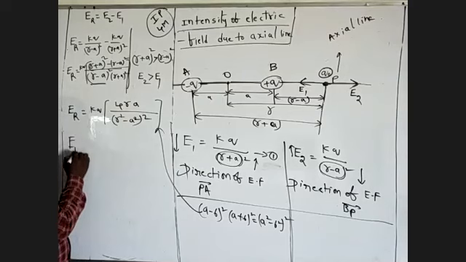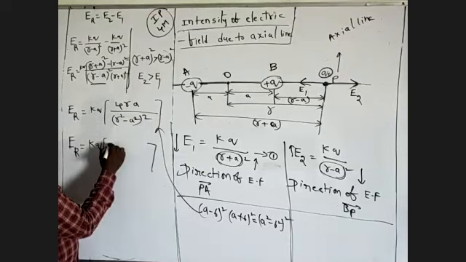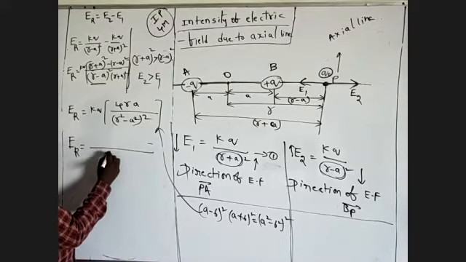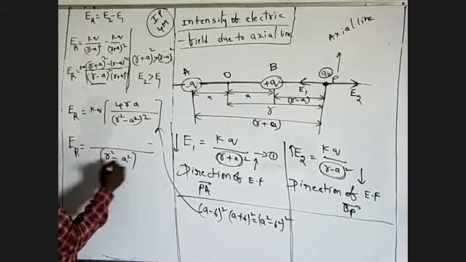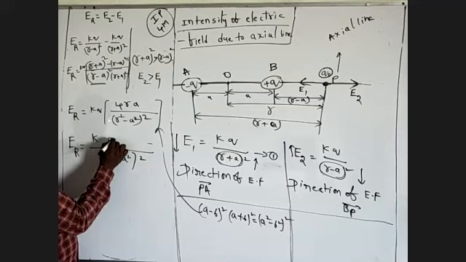So now the resultant intensity of electric field is KQ times 4RA over R square minus A square, whole square. Here, 2 into 2 is 4.